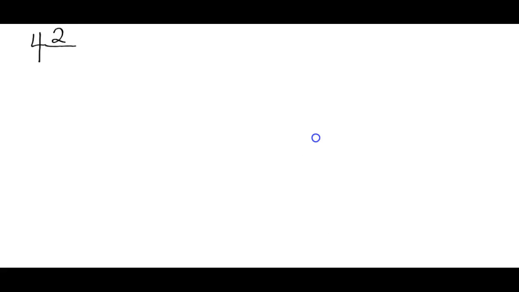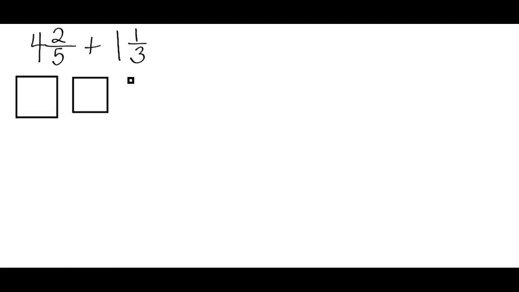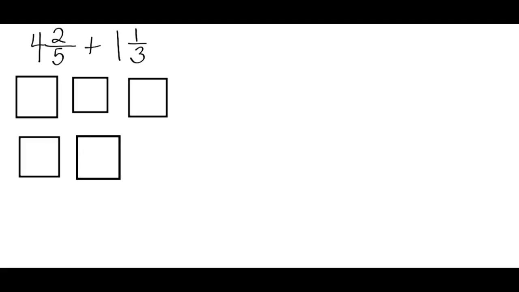So the problem that I'm going to be working with is 4 2/5 plus 1 1/3. This time, I'm actually going to need to draw both sets of boxes. So I'm going to have 1, 2, 3, 4, 5 to represent the first one.